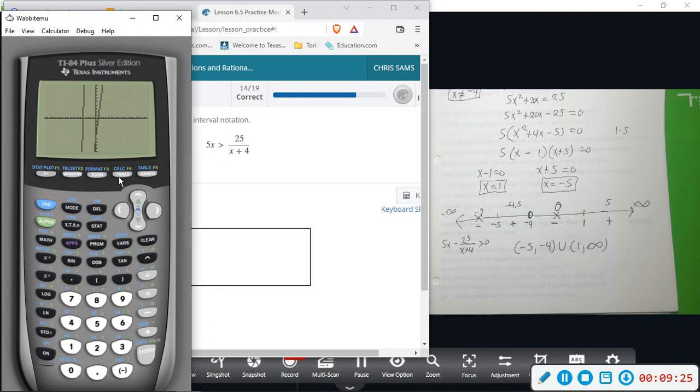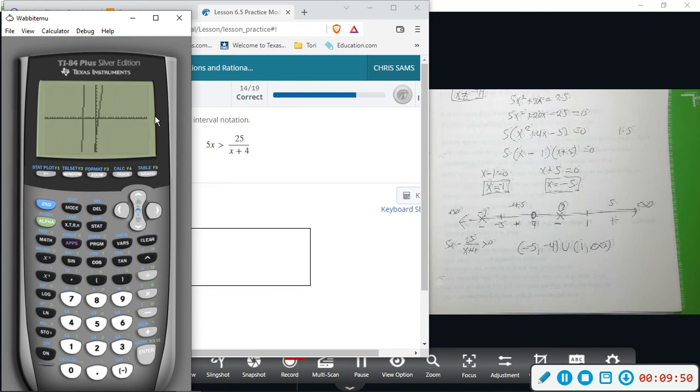So now if I hit trace and I hit 11 and then enter, now it'll show me that. So just be mindful of that. When you're plugging in numbers, if you pick something that's out of the window range, it won't calculate. So like right now, if I hit like 21, it'll tell me error again because it's too big. So just be mindful. You can only put in as wide as your window is.